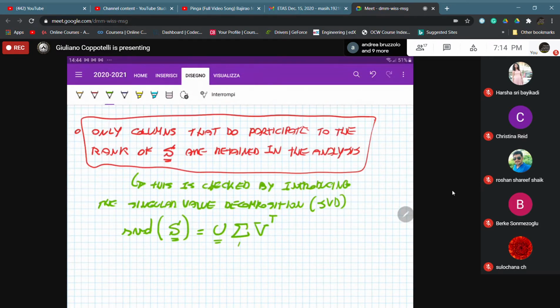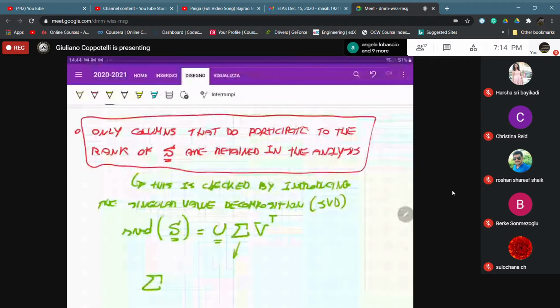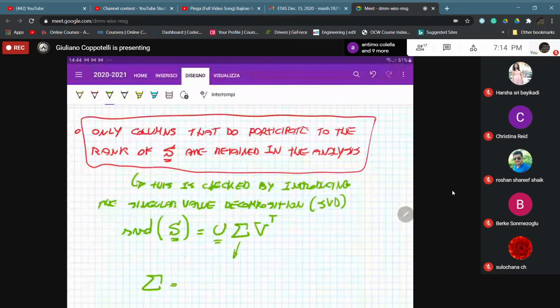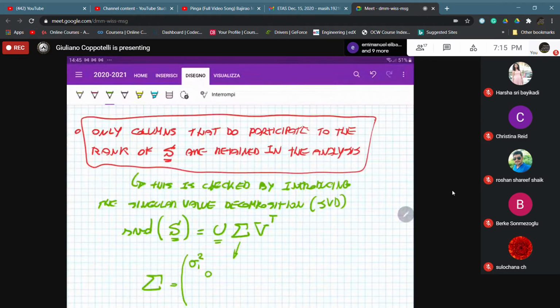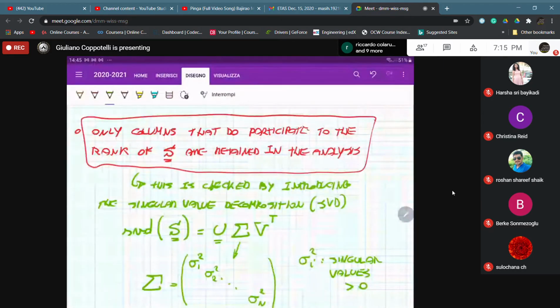Okay, this diagonal matrix of the singular values is a matrix of positive values, sigma 1, sigma 2, up to the dimensions. For example, that one is sigma i square root, the singular values, and are always positive.